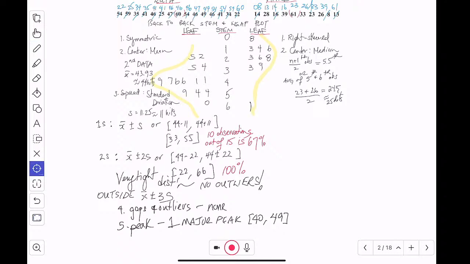So this reflects Ruth's predictability, the consistency with an average of 44 hits, right? This makes him the better baseball player. This means consistency.